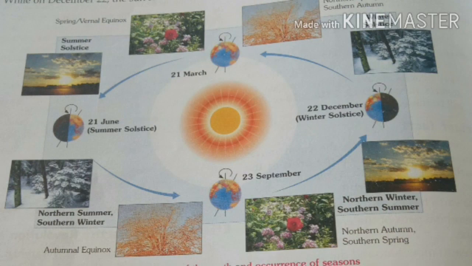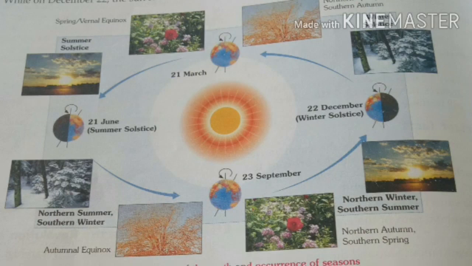Children, are you clear? The areas near the poles receive less heat as the rays of the sun are slanting or straight? Slanting. Okay. In the northern hemisphere, days are longer than nights, while the condition is reversed in the southern hemisphere.